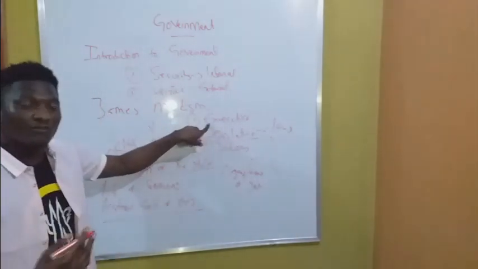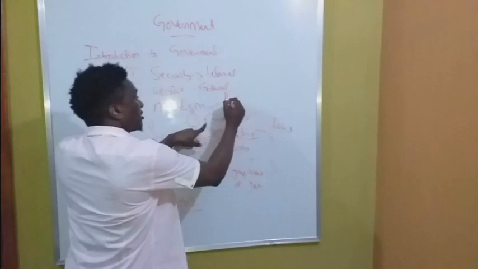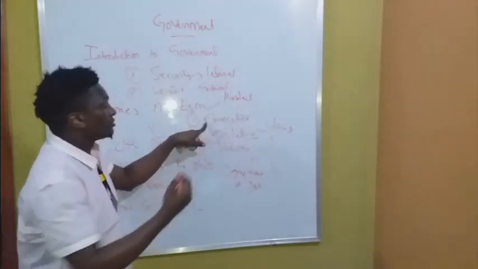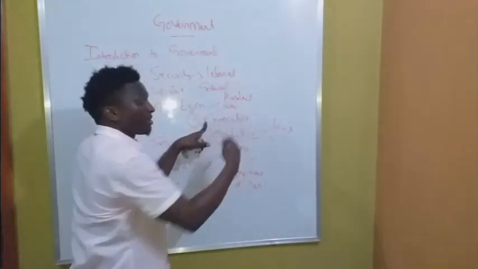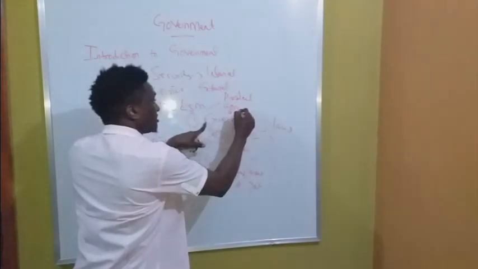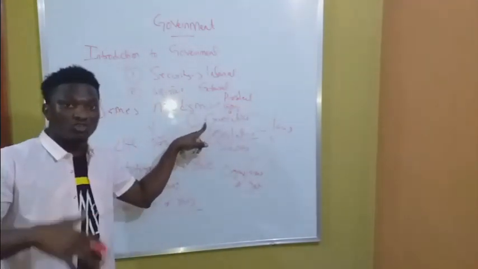Now, in the executive organ of government, the president belongs to this class. Other members include governors, talking about head of government at the state level. We also have local government chairmen, talking about the head of the executive at the local government level.